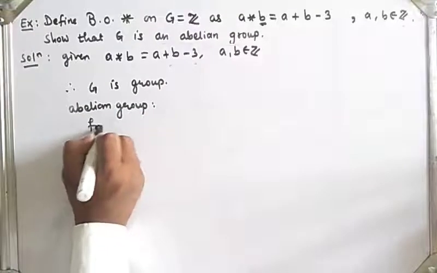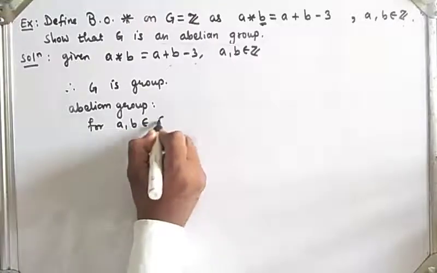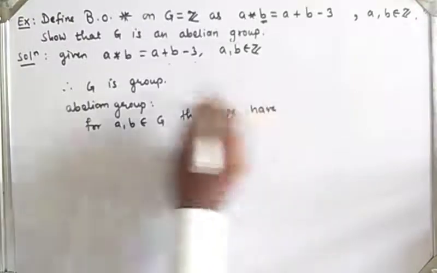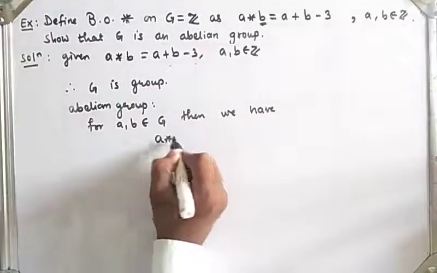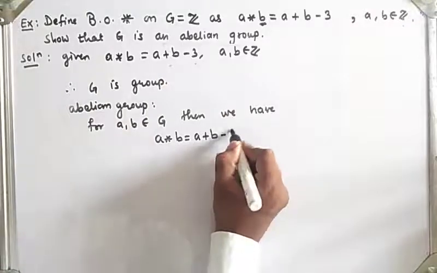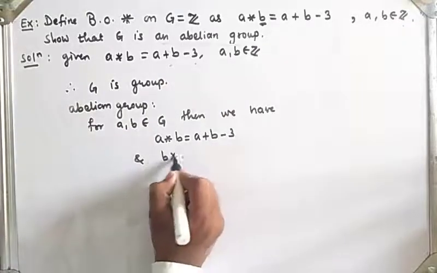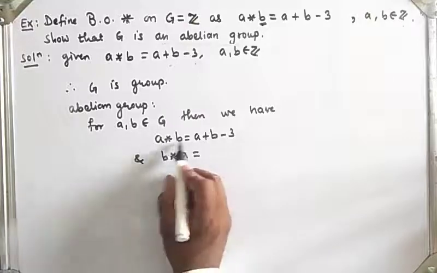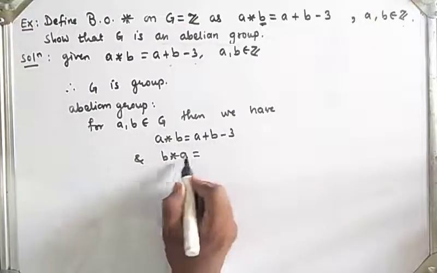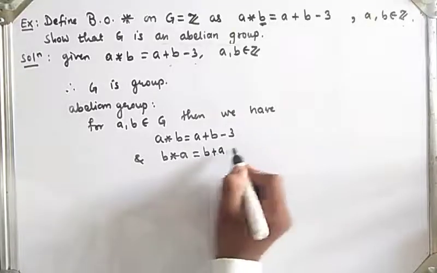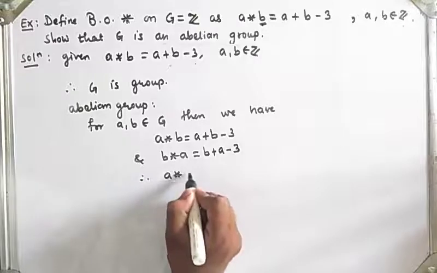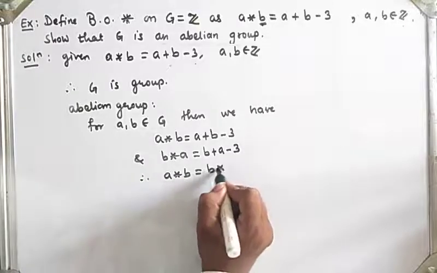So for a, b belongs to G, we have a star b equal to a plus b minus 3, and b star a is equal to b plus a minus 3, the addition of these two numbers minus 3. So a star b is the same as b star a.